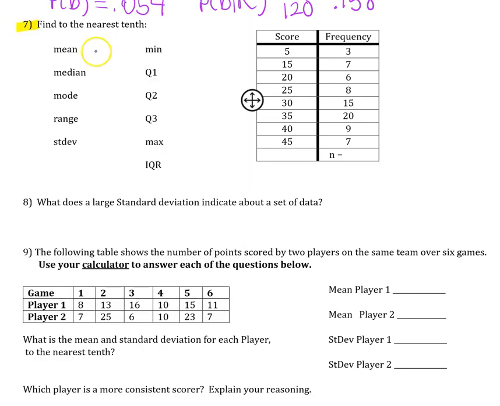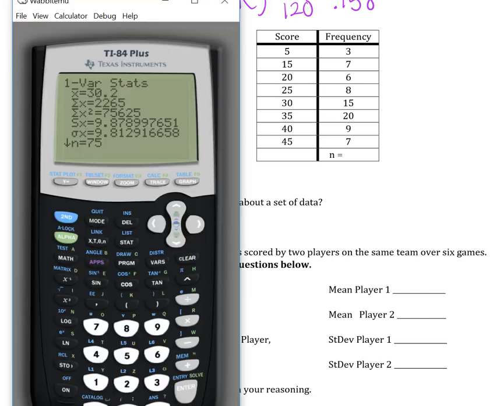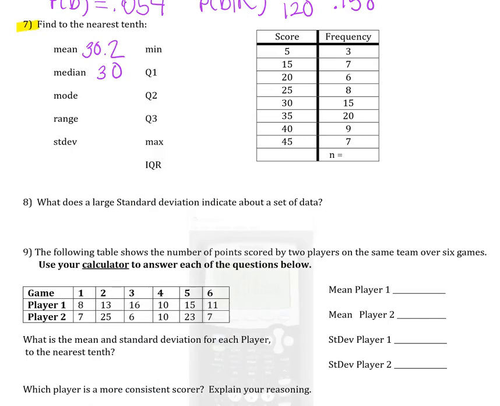So, okay, so 30.2. Her median was 30. Standard deviation 9.81 or 9.8. Min was 5. Max is 45, which you can even see here.